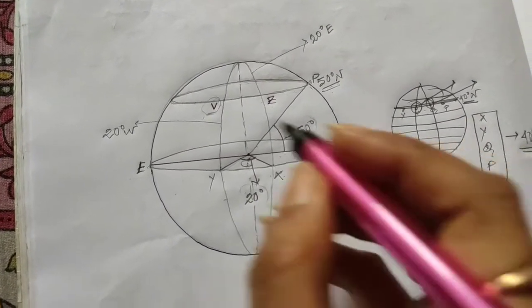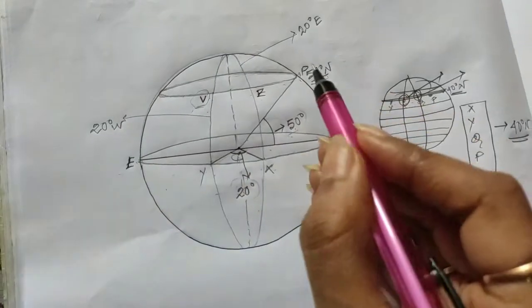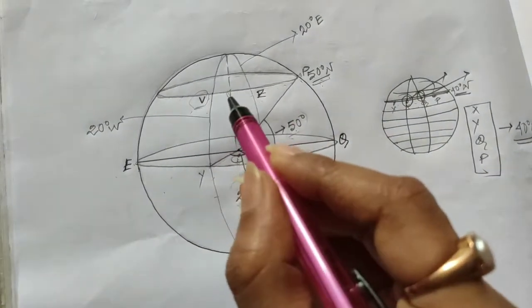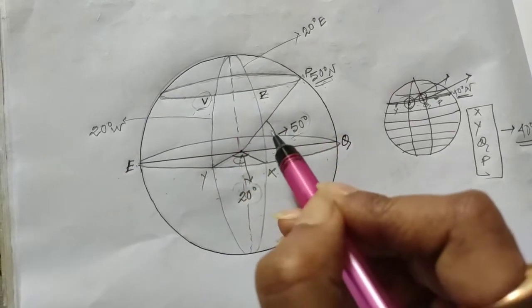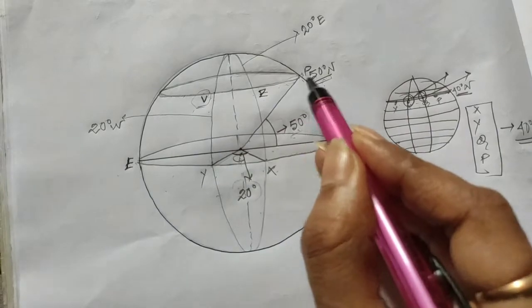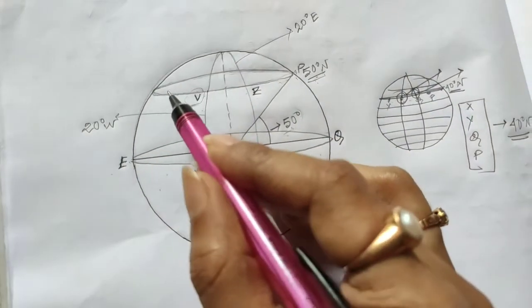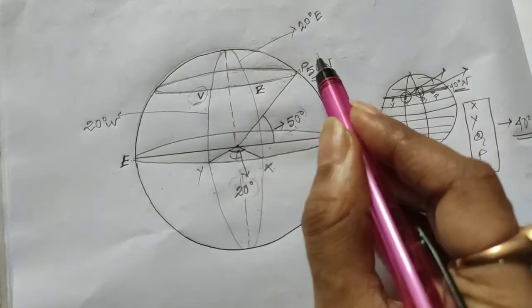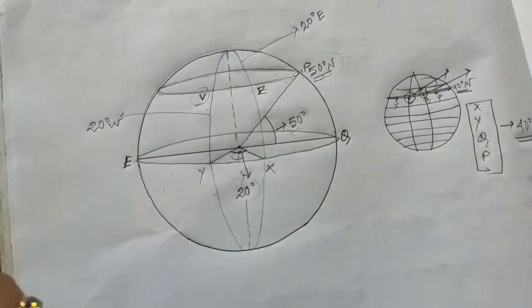Okay, so V is on this side, so I will take V's latitude as 50 degrees north, because here I got this angle, 50 degrees, that means this latitude is 50 degrees. So all the places on that latitude will be 50 degrees north.